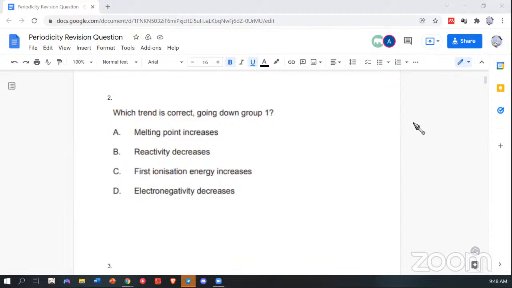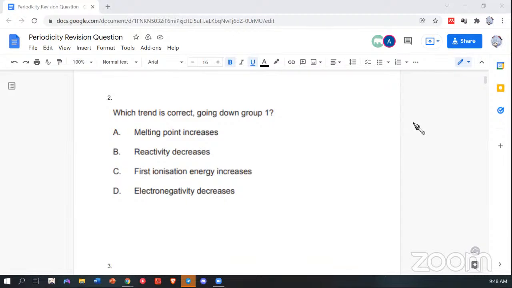I don't think that's the correct answer, because going down group 1, the atomic radius increases, so the distance of the furthest valence electron to the nucleus is also increasing.